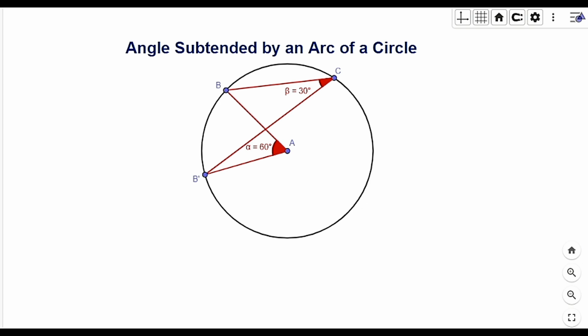Here we see that BAB dash, which is the angle subtended by the arc at the center, is equal to 60 degree, and the angle subtended by the same arc at the remaining part of the circumference is 30 degree. It means the angle subtended at the center by an arc is twice the angle subtended by the same arc at the remaining part of the circumference.